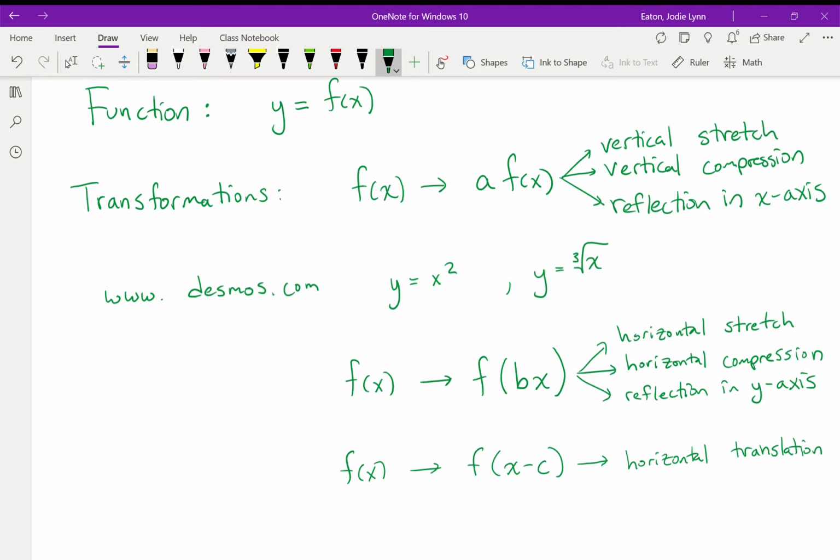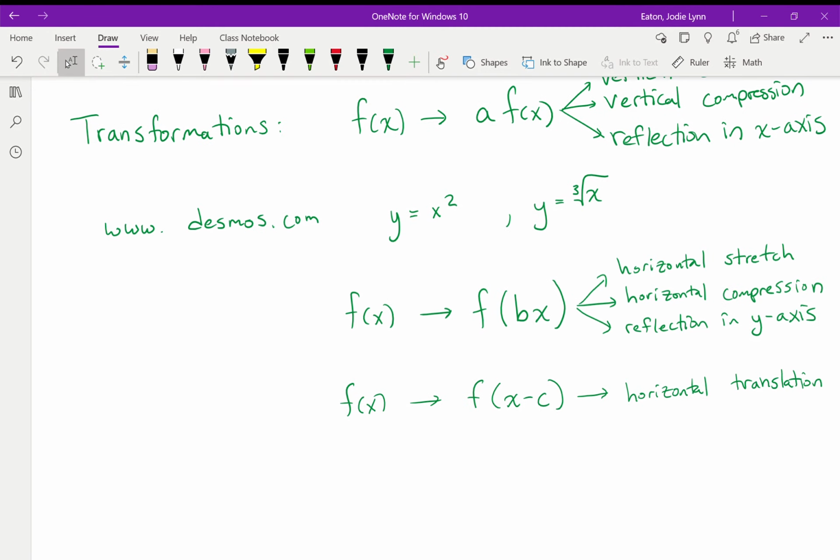It's going to stretch or shrink in the x direction, and it's going to shift in the x direction. And when you're changing things outside the function, you're going to be changing things in the y direction. Okay. So when you do something like f of x plus d, this is going to give you a vertical translation.